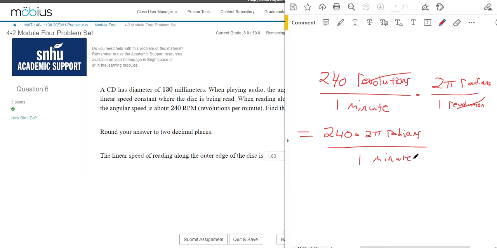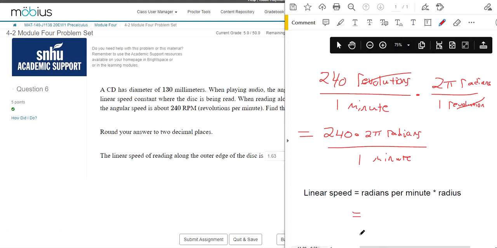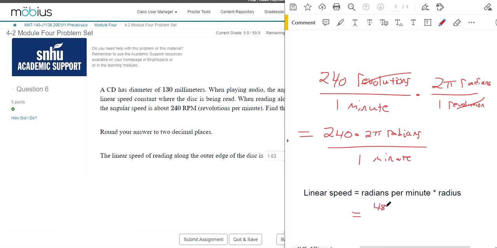And now we're ready to finish converting this. The linear speed is going to be the radians per minute times the radius. So if I simplify that, 240 times 2 pi, that makes 480 pi radians for 1 minute.